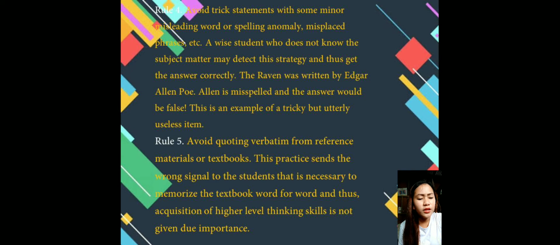So we're going to avoid using verbatim from reference materials or textbooks because sometimes using this is an utterly useless item which is not important in the sentences. You may use short sentences but meaningful ones, reliable, useful sentences is enough.